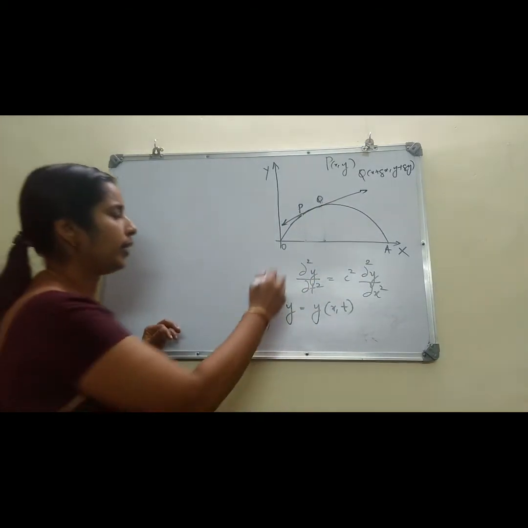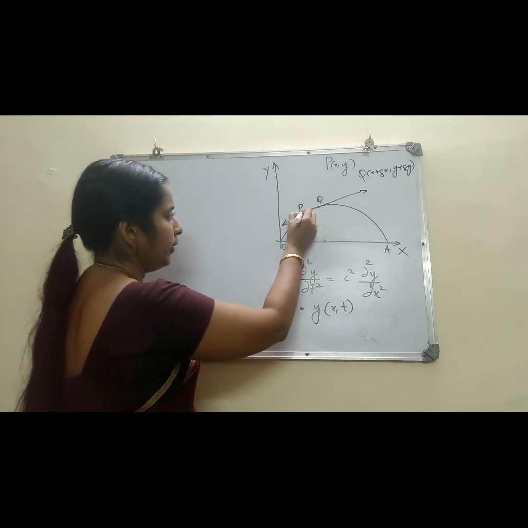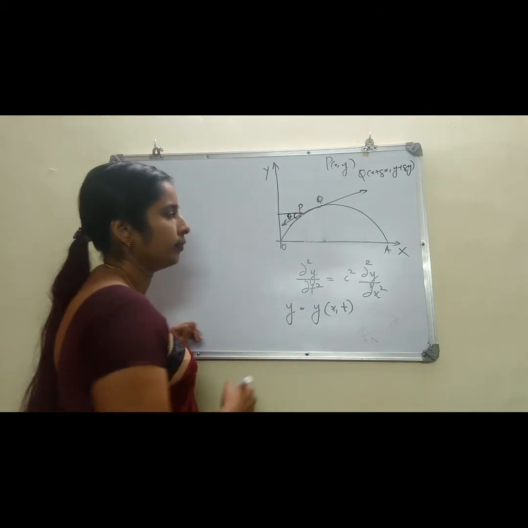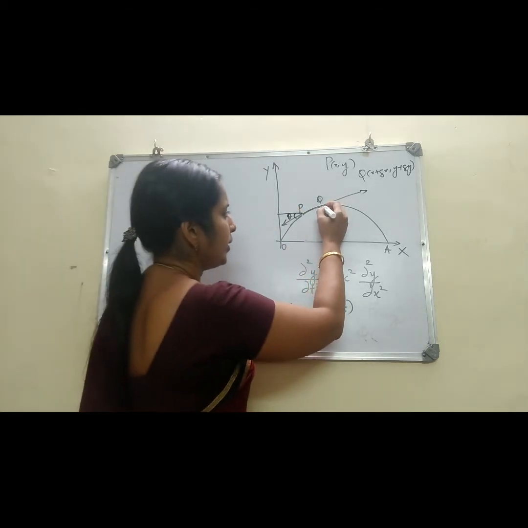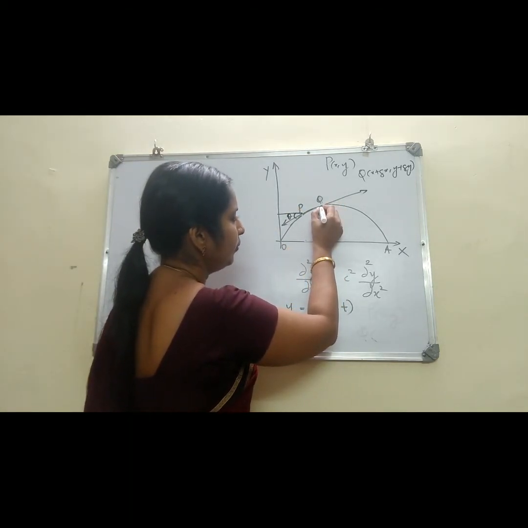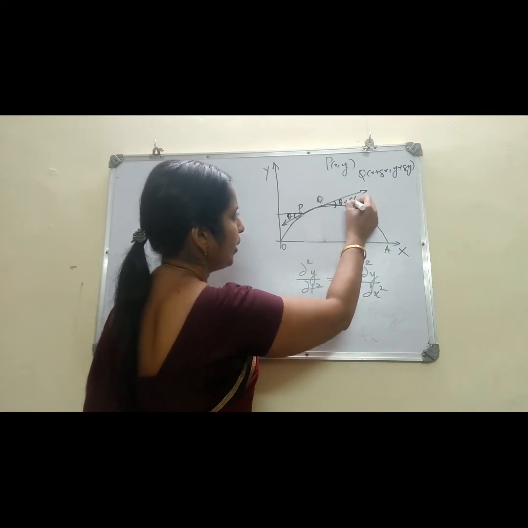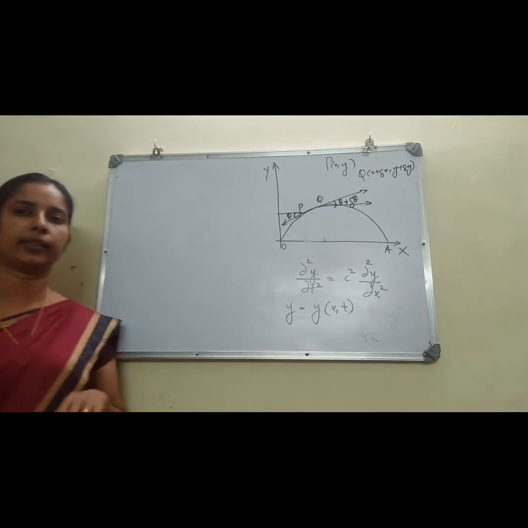Assume the tangent at P makes an angle theta with the x-axis, and the tangent at Q makes an angle theta plus delta theta with the x-axis.